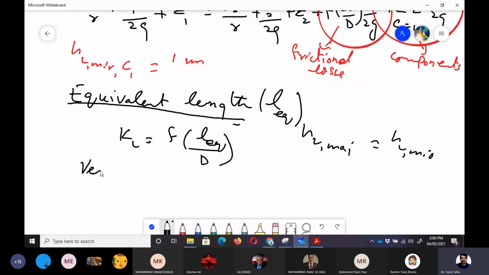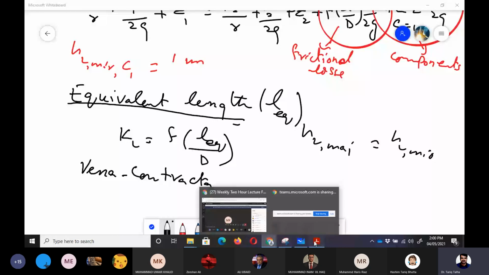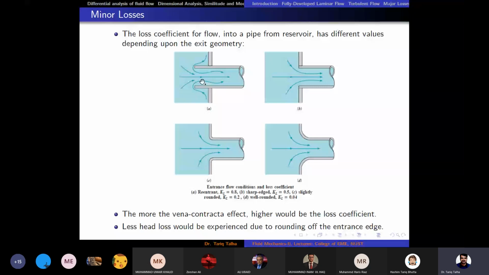It means that the fluid cannot take a 90-degree sharp turn, so it requires some kind of a curve in flow. Due to that, it separates from the walls, and the velocity at the middle would be more. So there is some kind of loss due to that, because that is a discontinuity in the flow.